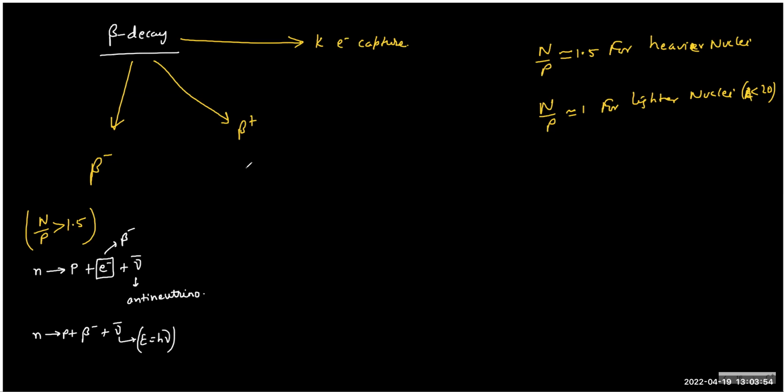In a beta plus decay, what happens? It's a reverse process. We are expecting the N by P ratio to be close to 1.5, but it is less than that. Or generally, in case of lighter elements, if the neutron is less than proton, if it is less than 1, the proton will now try to convert into neutron.